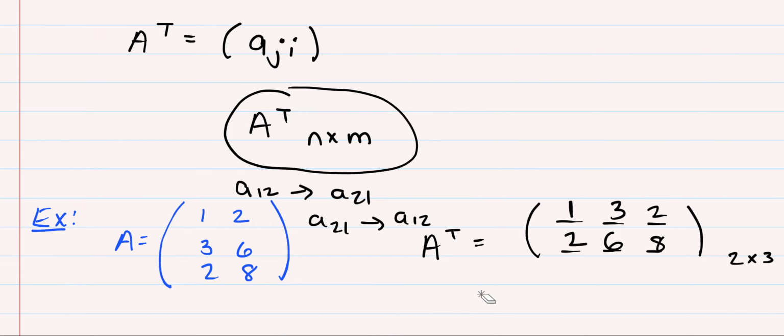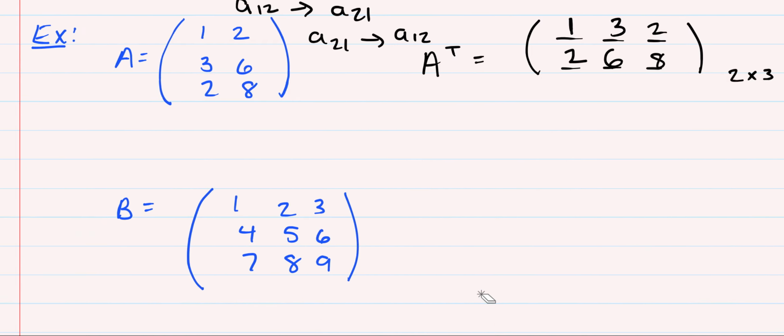Let's try another one. Here I have a completely square matrix. This one's actually probably the easiest one to see. I'm going to draw a diagonal line right here because these are the entries that have the same row and column number.